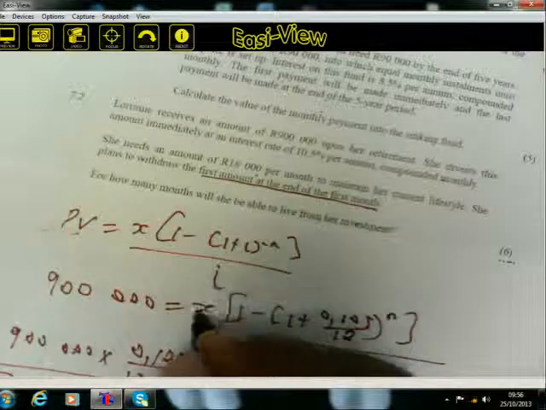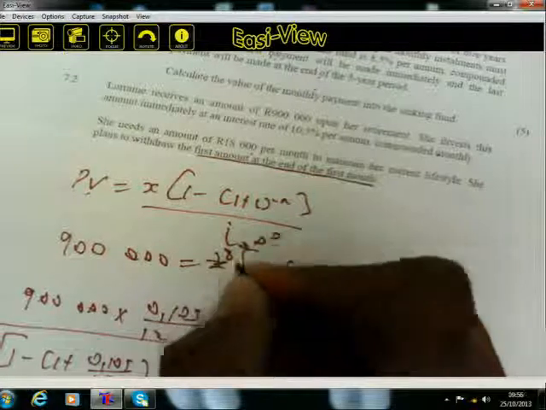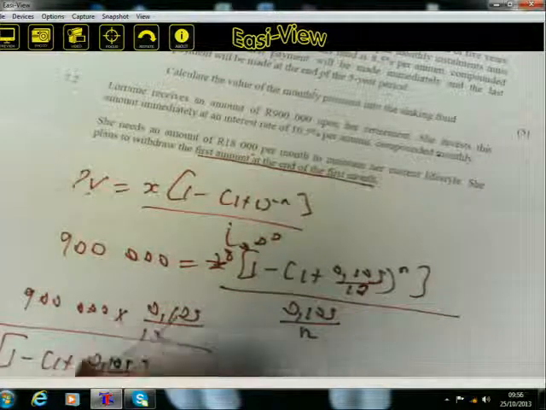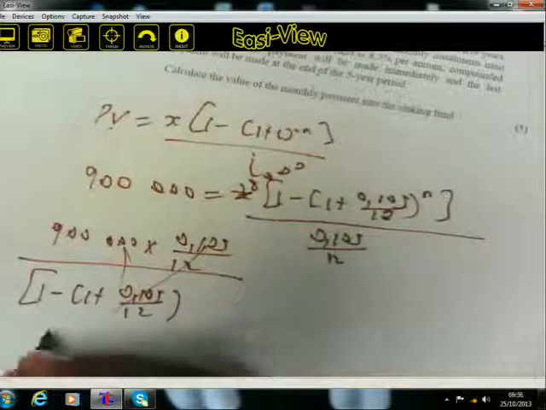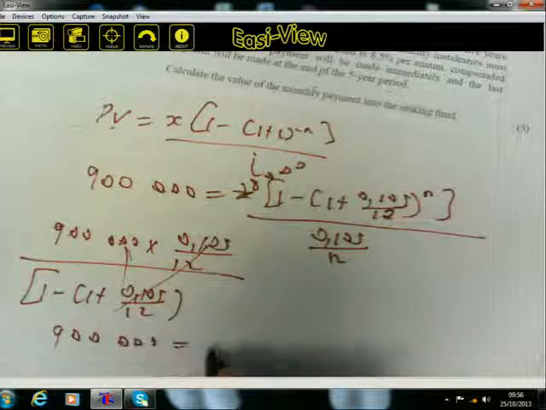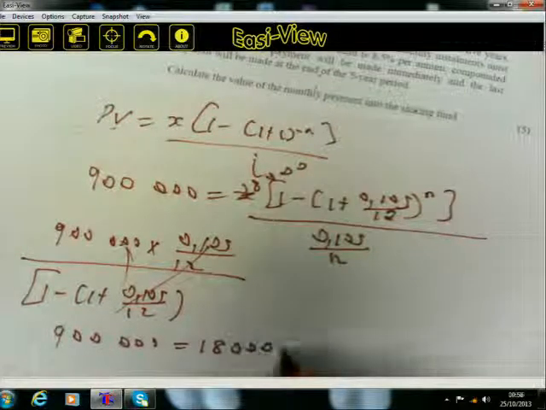The monthly payment here should be 18,000. Okay, can I cancel this one out? This is 900,000, then equals 18,000 there.